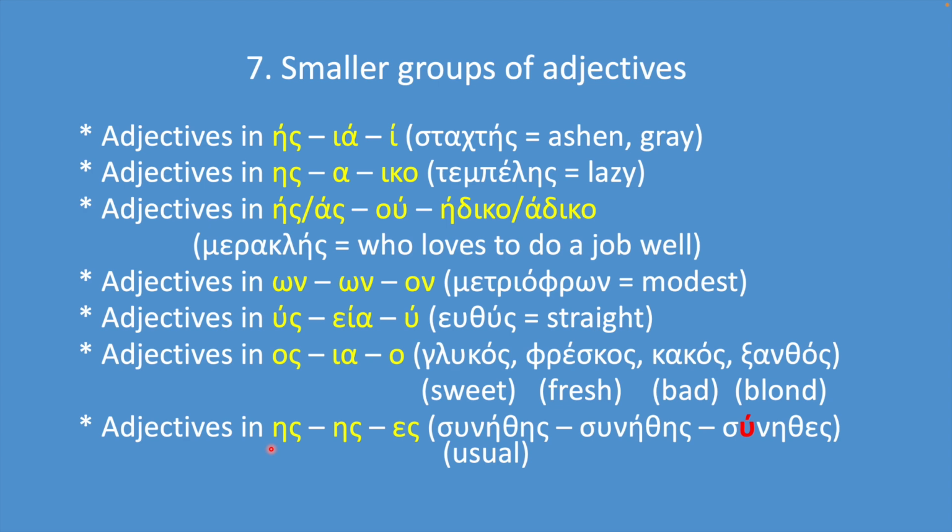And adjectives in is, es. For example, συνήθης. The feminine is the same, συνήθης, but the neuter is σύνηθες. The accent goes from the second to last syllable to the third to last syllable.